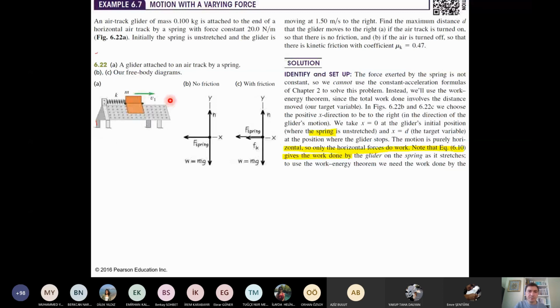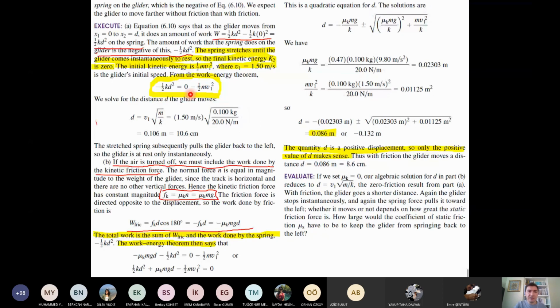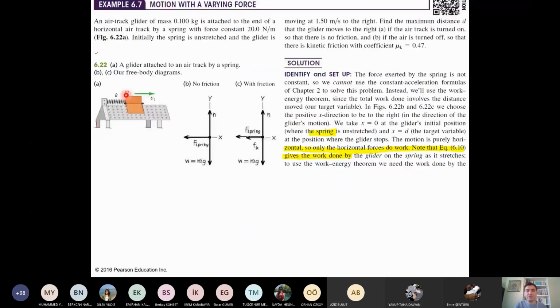Then what about the kinetic energy? At the beginning, the kinetic energy of the glider is given with this velocity. Finally, when the maximum distance d is reached, what is the velocity of the glider? The glider stops there. The final velocity of the glider is 0.